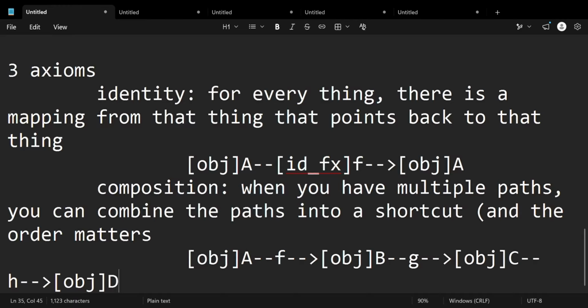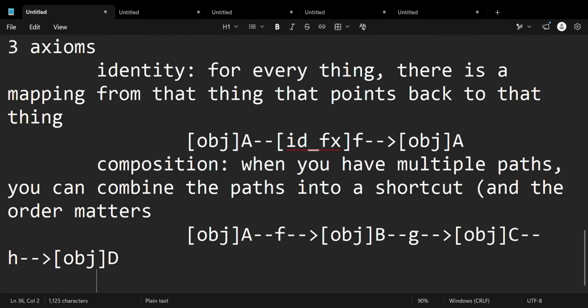So we have 3 paths. From A to B, it goes through F. From B to C, it goes through G. From C to D, it goes through H, right? And remember, F, G, and H are morphisms, or functions, right?